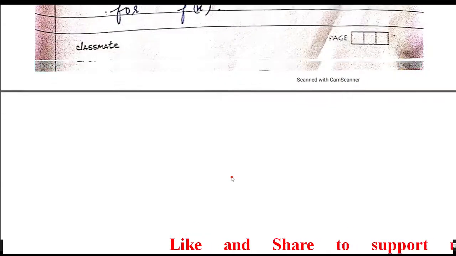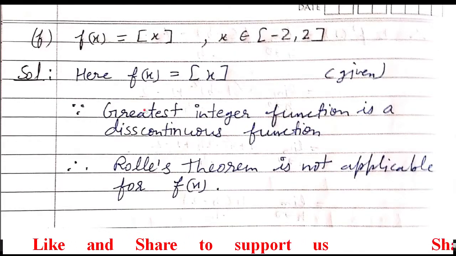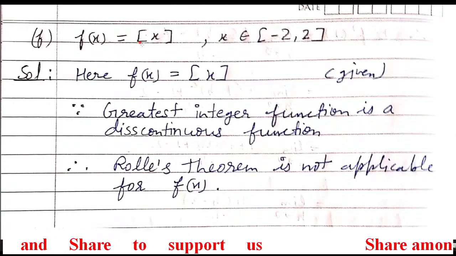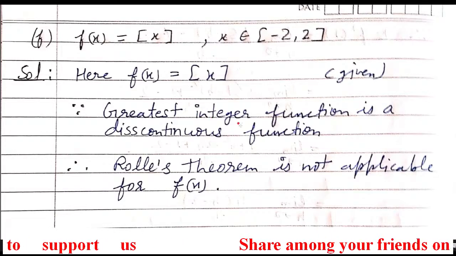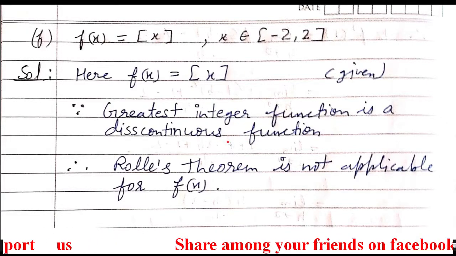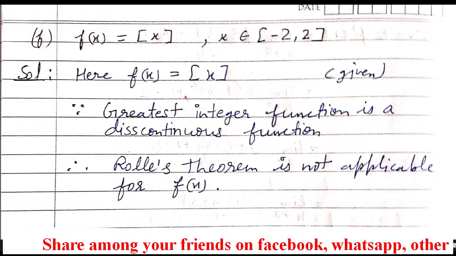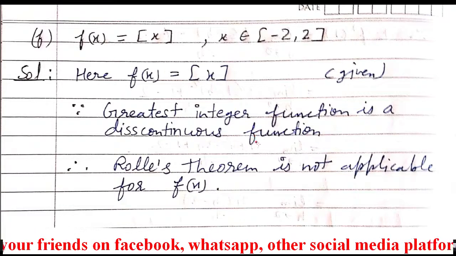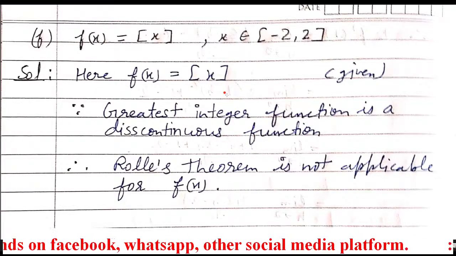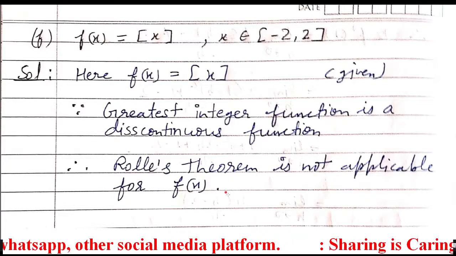Now we move to the last part of this first question, part F. In part F we have the greatest integer function, and you know, students, that the greatest integer function is not continuous. Since the first condition is not satisfied, there is no need to check any other condition; directly write down that Rolle's theorem is not applicable.